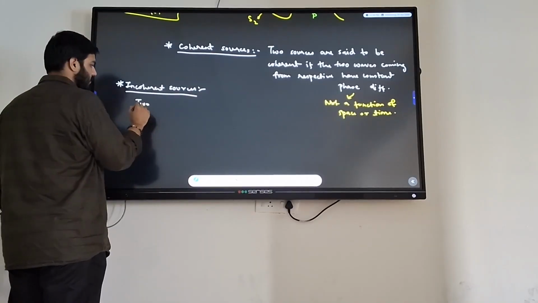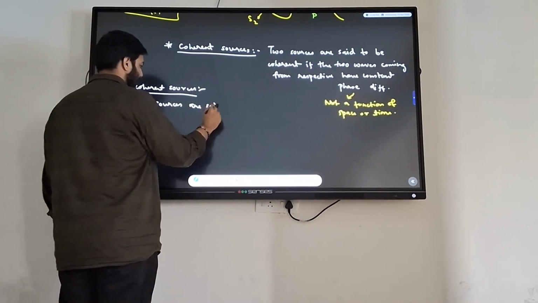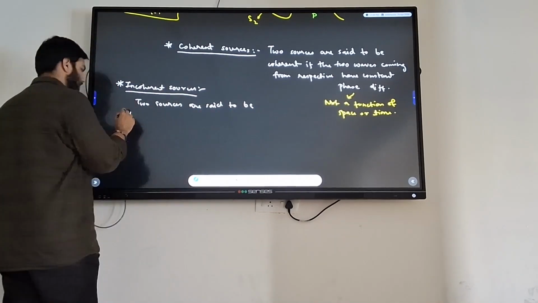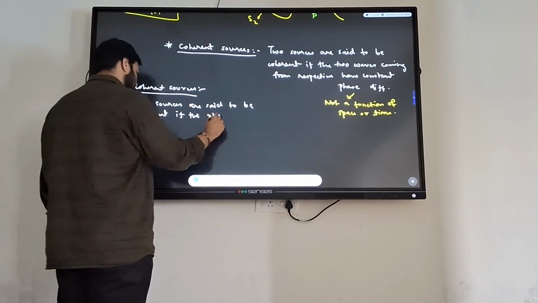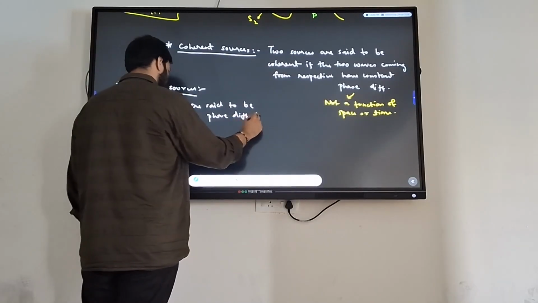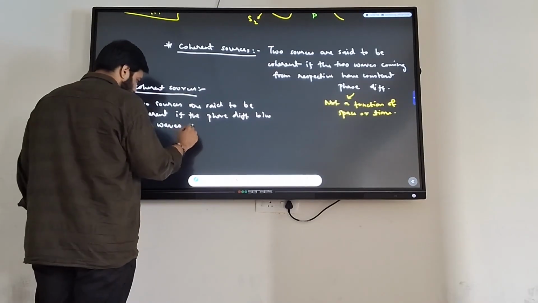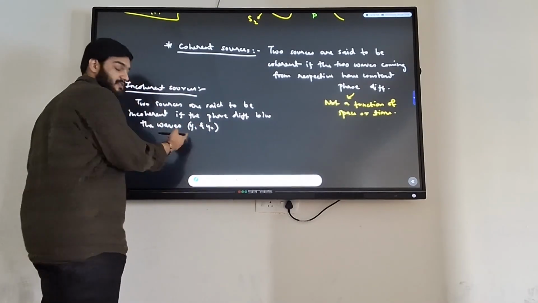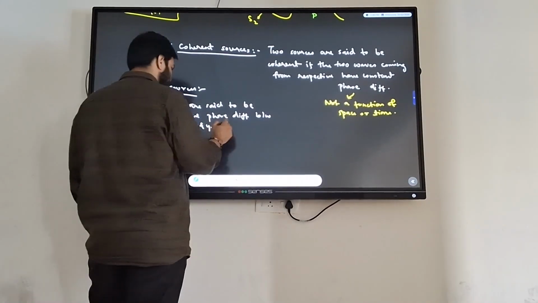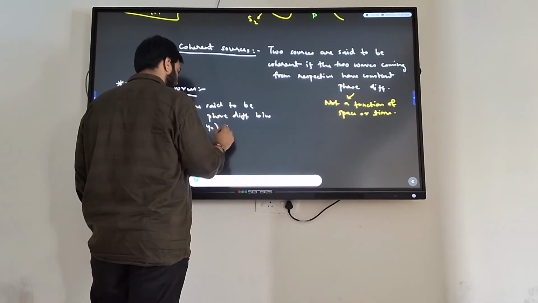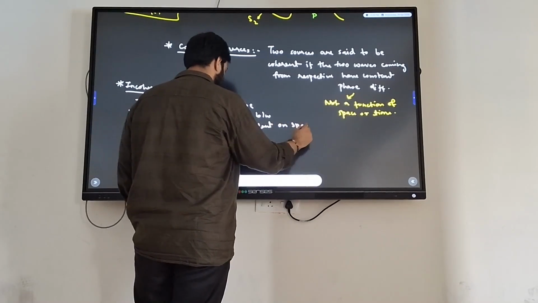Two sources are said to be incoherent if the phase difference between the waves y1 and y2, where y1 is coming from source 1 and y2 is coming from source 2, is dependent on space or time.